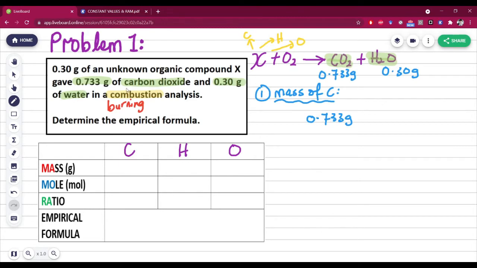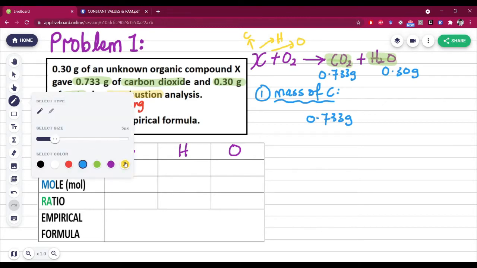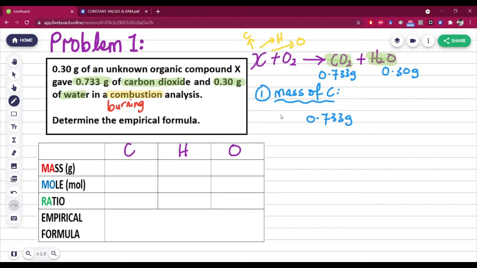We take this number and multiply it by 12 over 44. Why do you need to use this number? I'm going to tell you later.